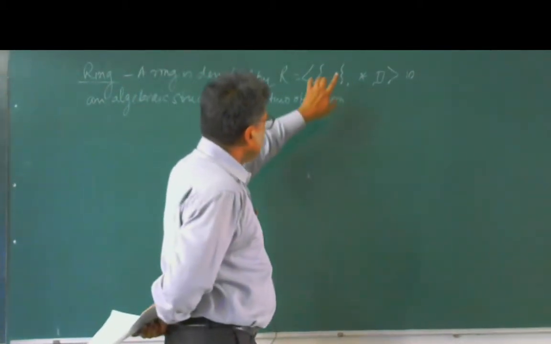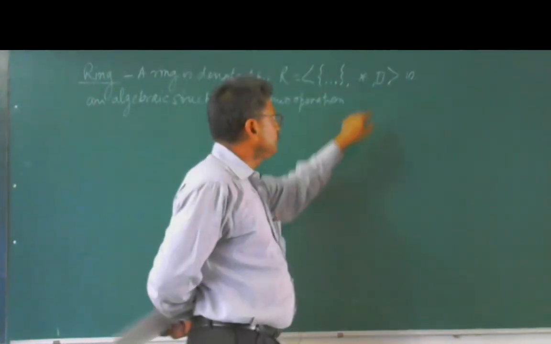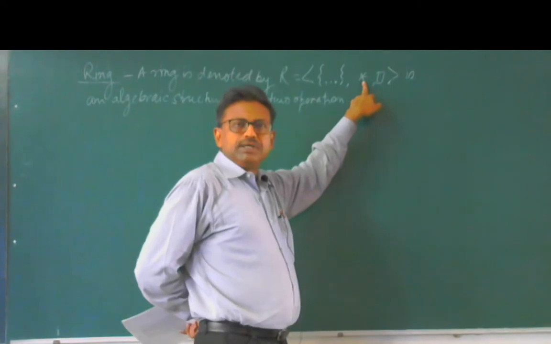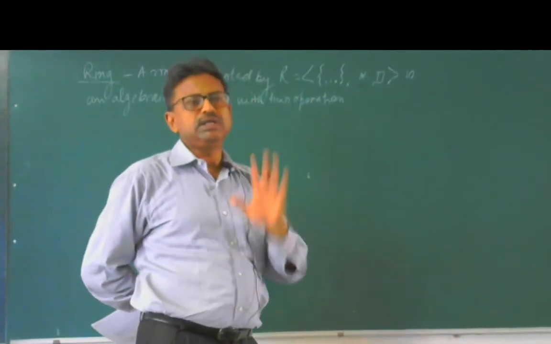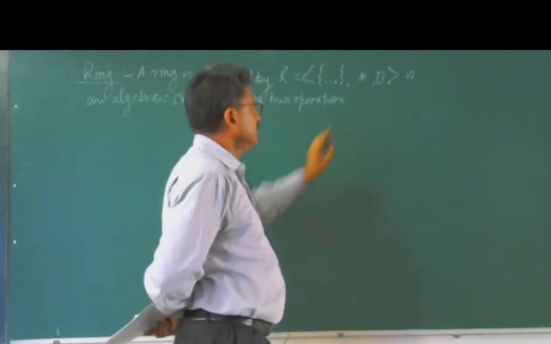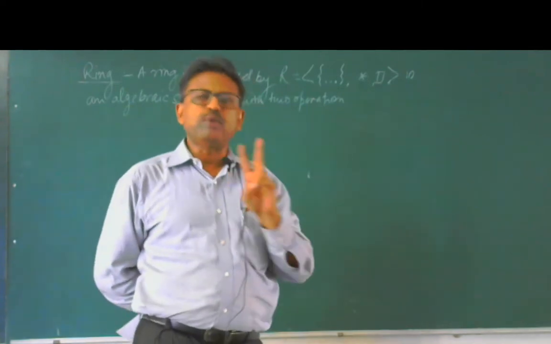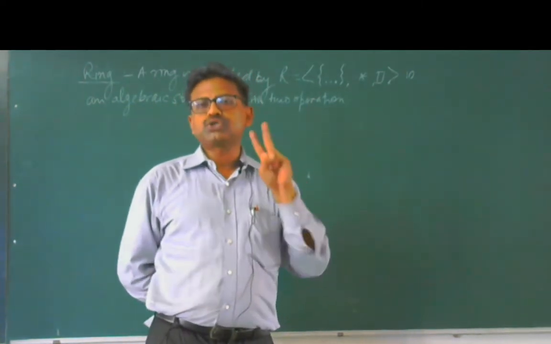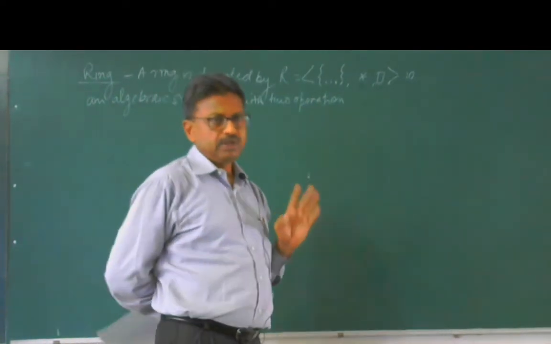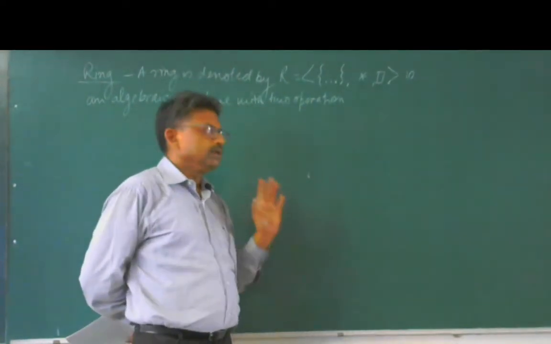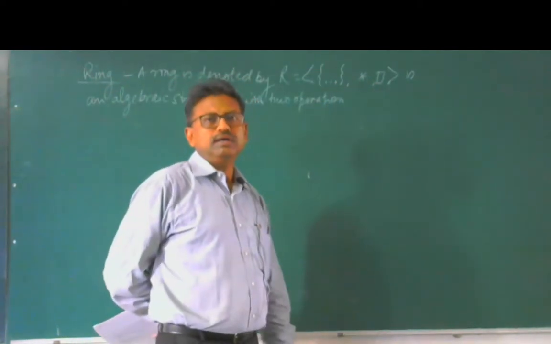So a set along with two operators can be called a ring if the first operator satisfies all five properties of an abelian group, and the second operator should satisfy the first two properties of a group. The first two properties mean closure property and associativity. And besides these two, the second operator must be distributive over the first operator.